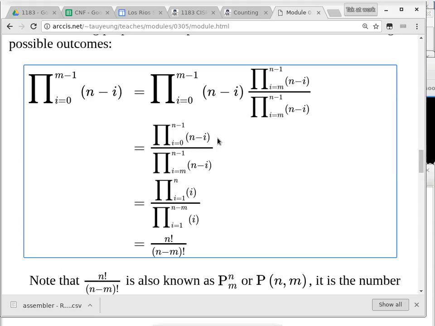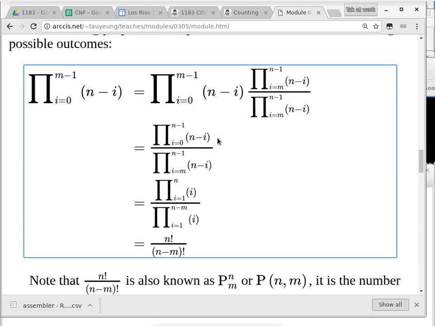Okay, so this term here is basically n times n minus 1 times n minus 2 all the way down to n minus m plus 1, right? And then this term, the first one, is picking up where we left off here. So the first term is n minus m, and then n minus m plus 1, n minus m plus 2, all the way down to n minus n plus 1, which is just 1.